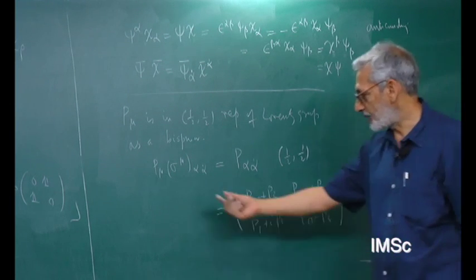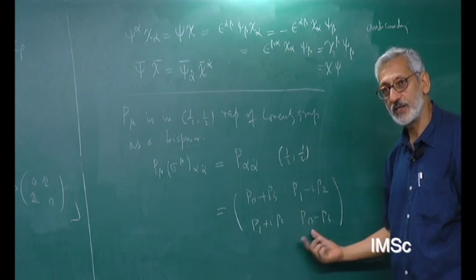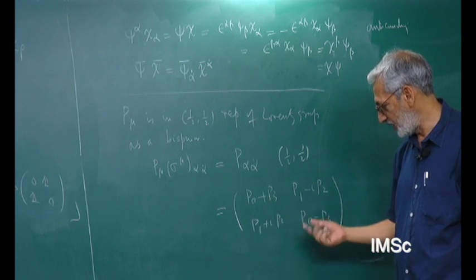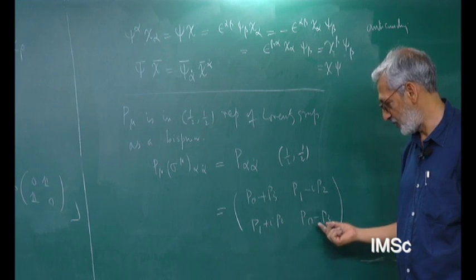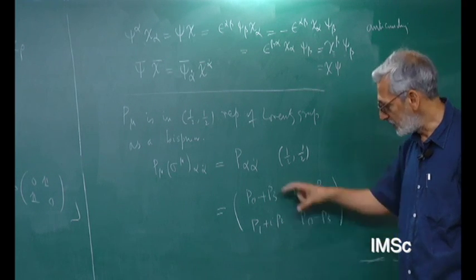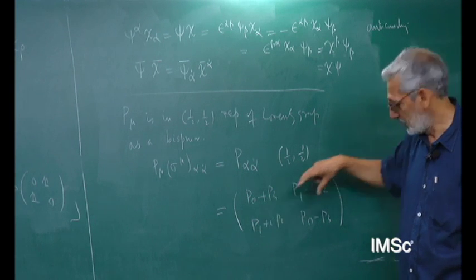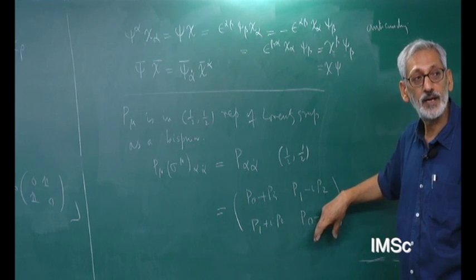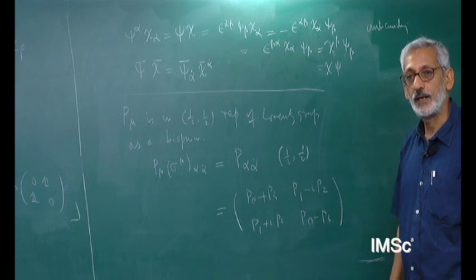So the 4 real components of P mu live in this bispinor representation as P0 plus P3, P1 minus iP2, P1 plus iP2, P0 minus P3. These 2 components transform as a doublet of the first SU(2). These 2 components transform as a doublet of the second SU(2). Clear?